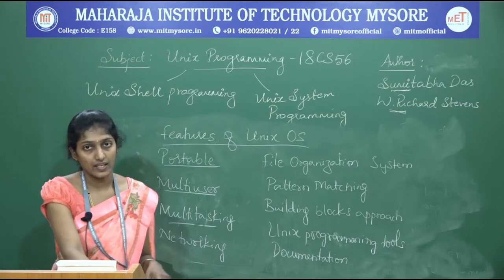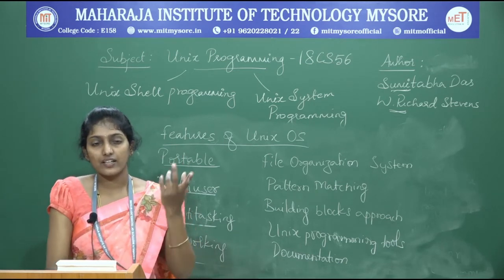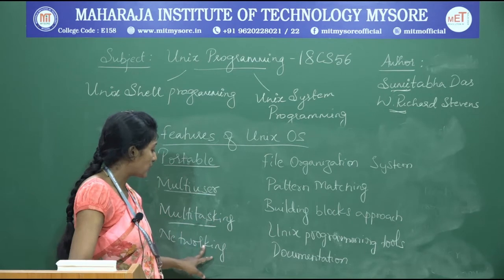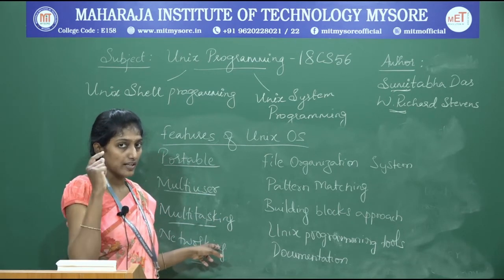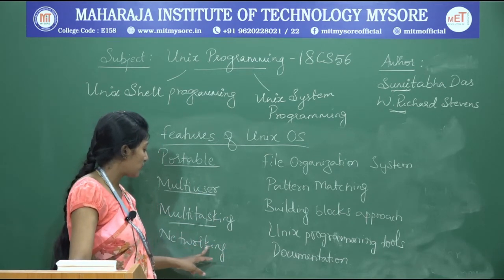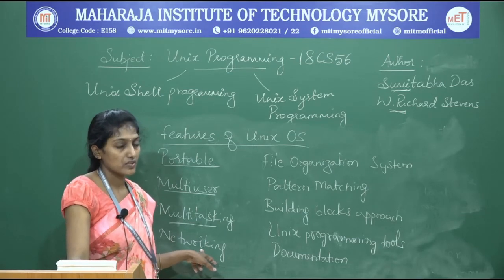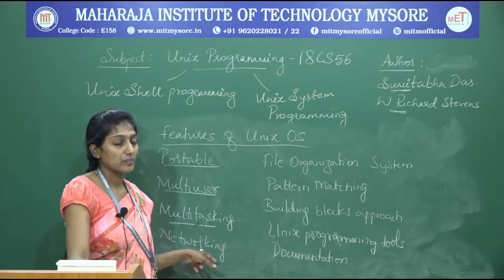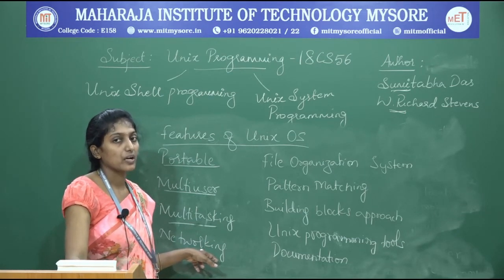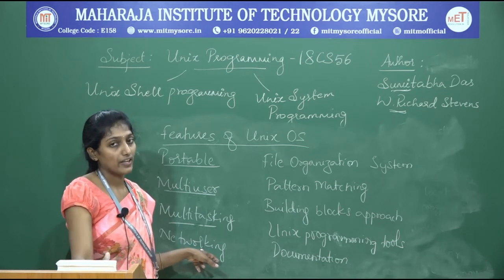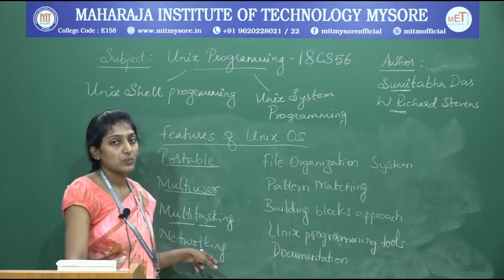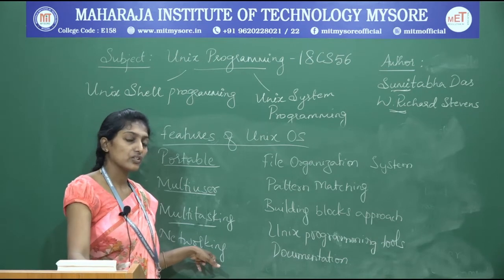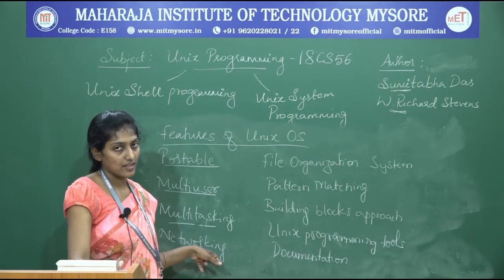Next is networking. If I go with the networking concept, whenever I talk about a network, it always comes to mind that a network is usually provided for communication between two end users. So, how do I communicate between the two end users? Yes, of course, we do have a protocol for that.